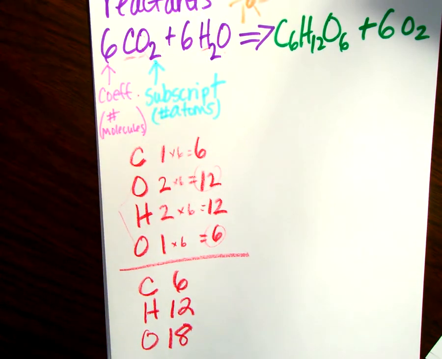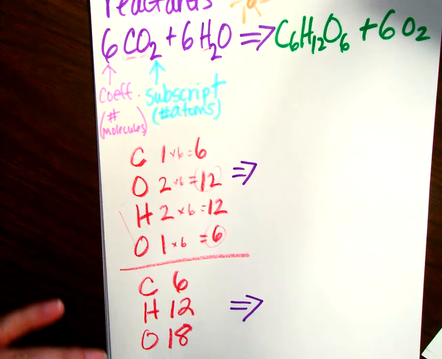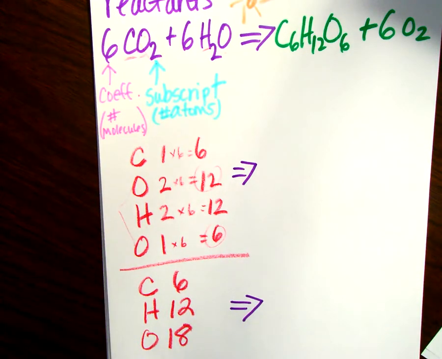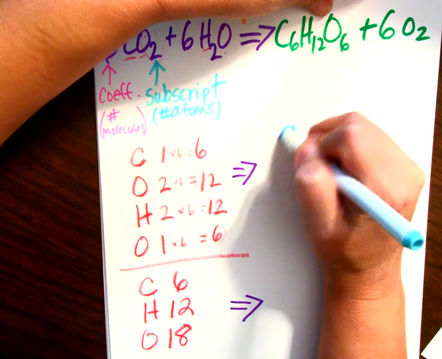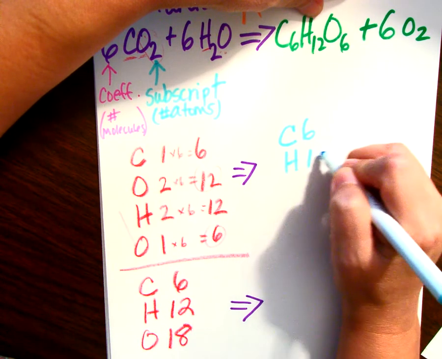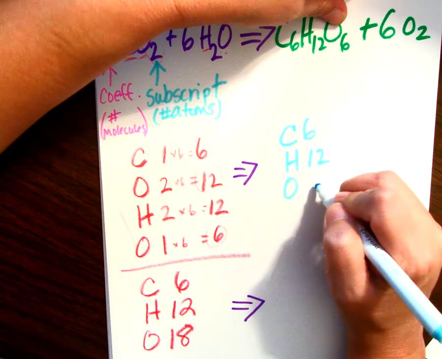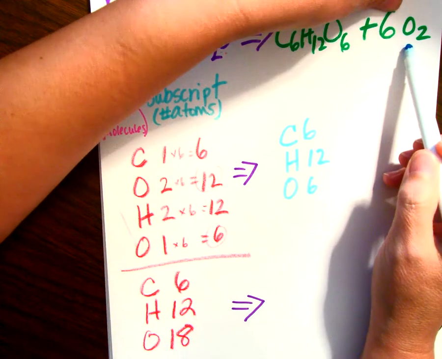So let's see how many atoms we have after the process. Okay? So this is a chemical reaction. So let's see what we end up with. Okay, we have 6 carbon, 12 hydrogen, 6 oxygen. Not bad so far. Okay, now let's look at this one.